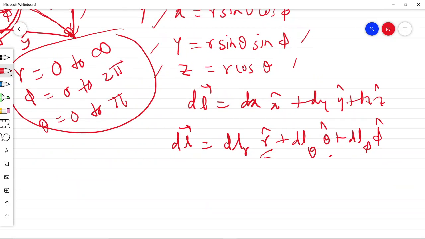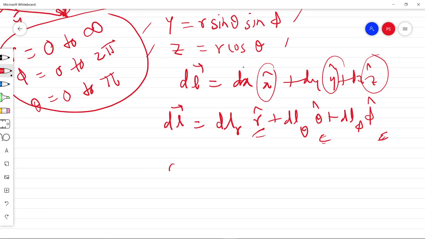Note that these r, theta and phi directions are not constant, as was the case with x cap, y cap, z cap. Depending upon where the point P is placed in space with respect to the origin, these r, theta and phi directions are going to change. So this dl r, that is the r component, is just dr along the r direction.